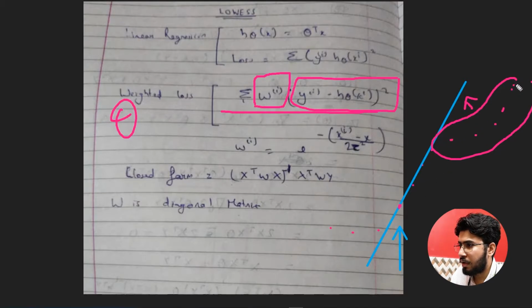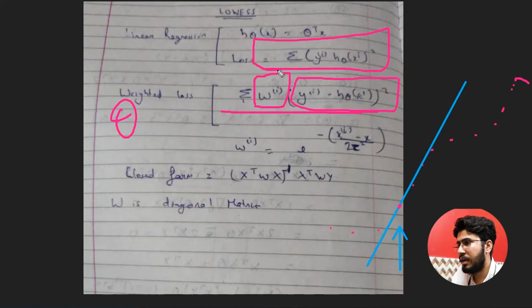If you do not consider these values, it is going to make this line. And how is it not going to consider this value? Normally, if you just create a line like this and check the error on these points with the normal loss, it is going to show a very big error because of this gap.